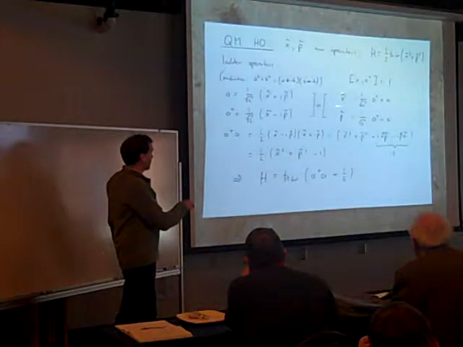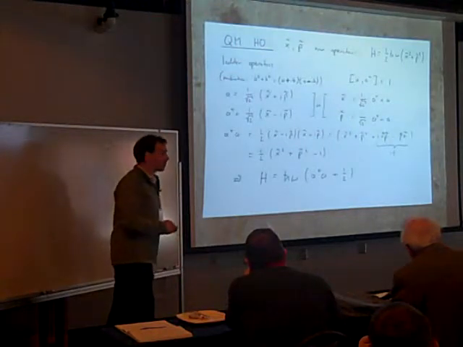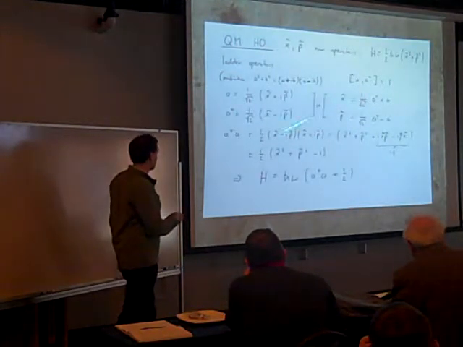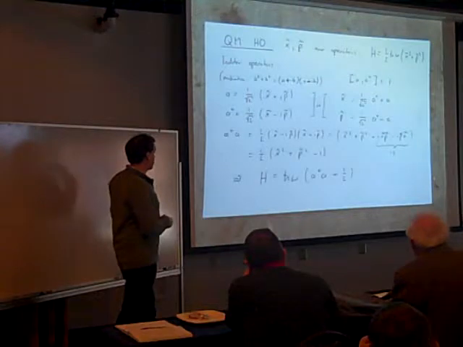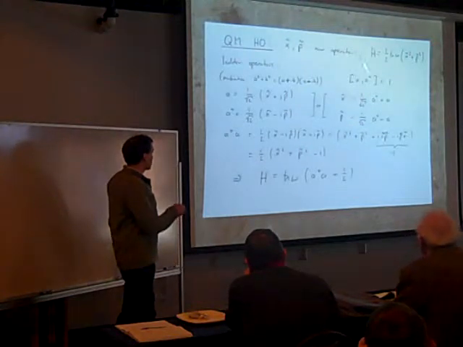You can also express position and momentum in terms of these operators a and a dagger. They're tremendously useful operators. They're called ladder operators, and we'll see what they do in a minute. Let's just see first how we can rewrite the Hamiltonian.